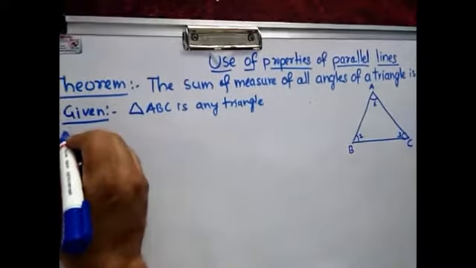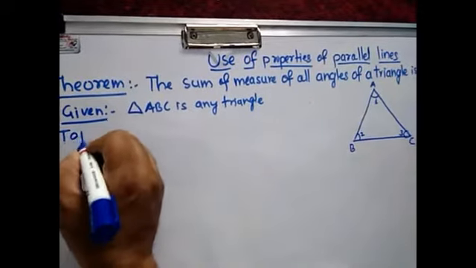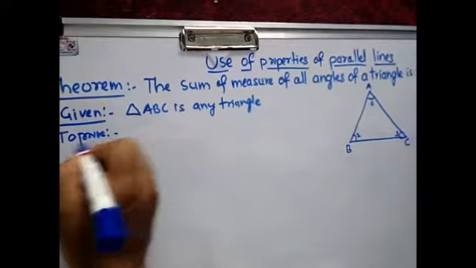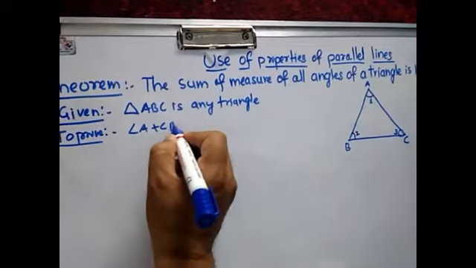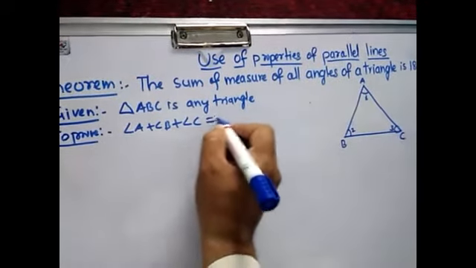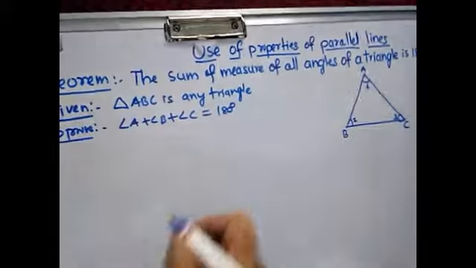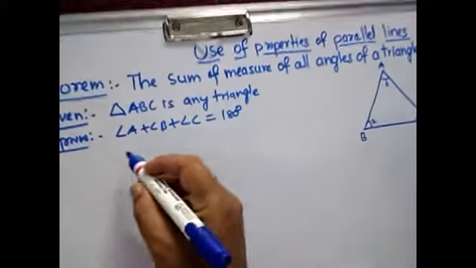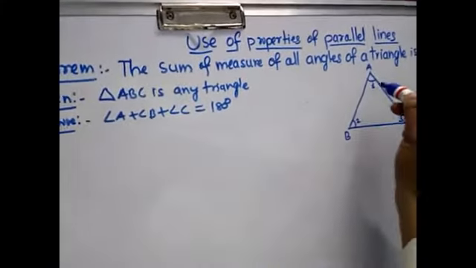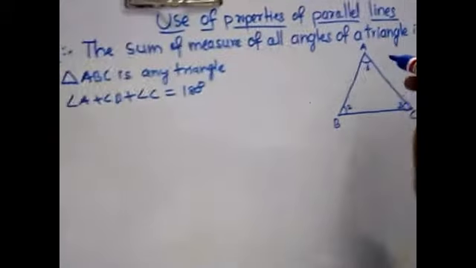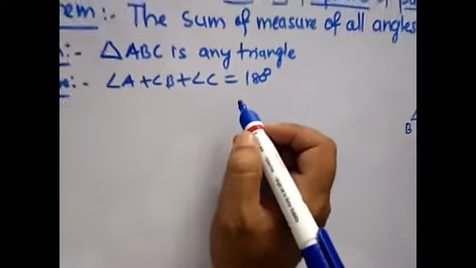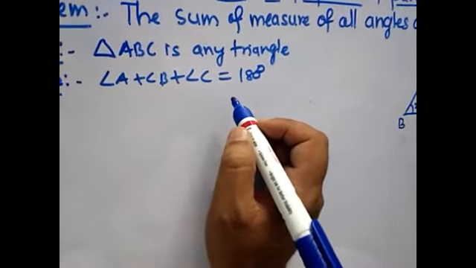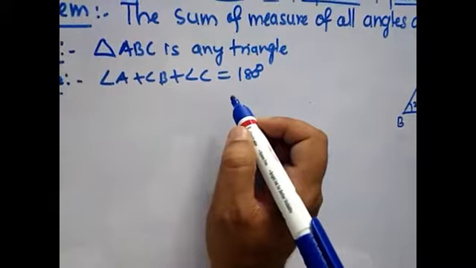And what we want to prove is that angle A plus angle B plus angle C is equal to 180 degrees. Angle A means angle 1, angle B means angle 2, and angle C means angle 3. The sum of the measures of all angles of a triangle is 180 degrees.